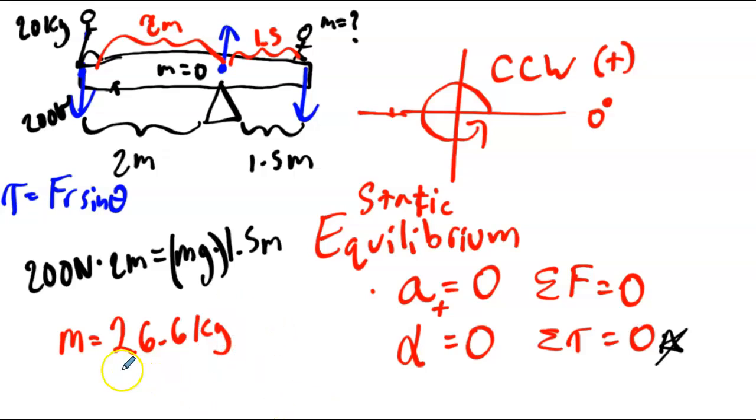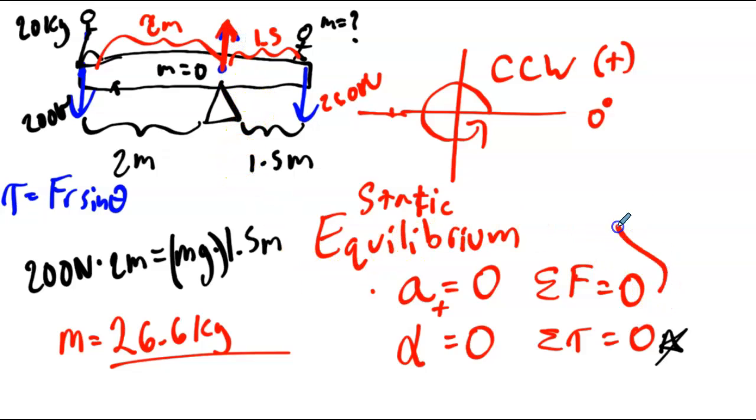All right, so that makes sense, right? We know those two forces, 200 newtons and 260 newtons. And here's the other thing that we need to be able to do with static equilibrium. We know that my torques are balanced, but we also know that my forces need to be balanced. So what is the upward force supplied by the support?